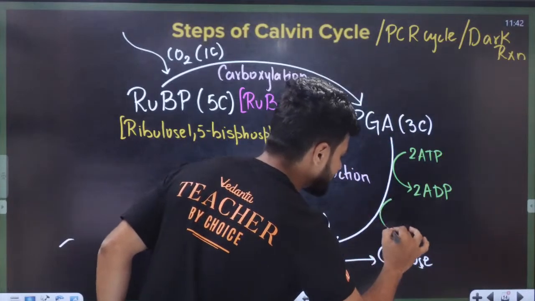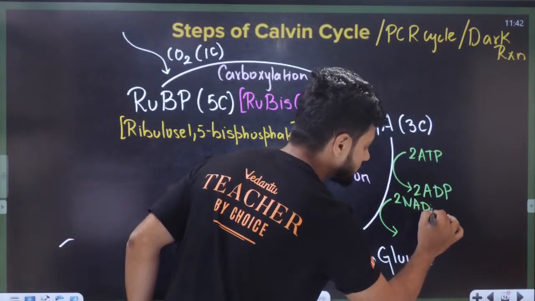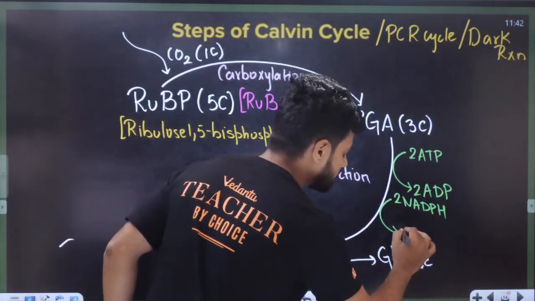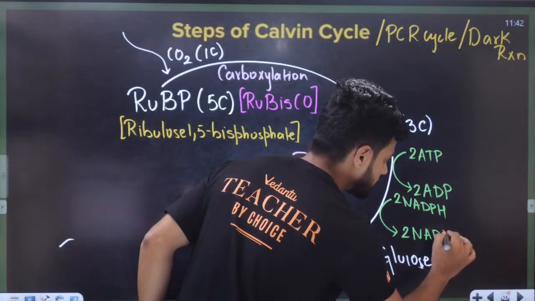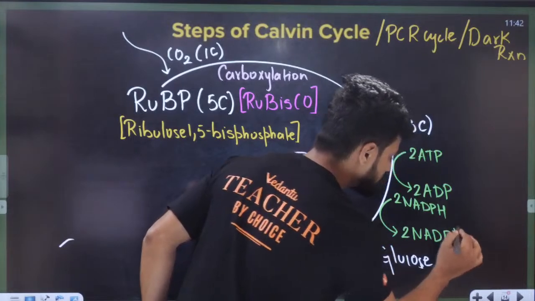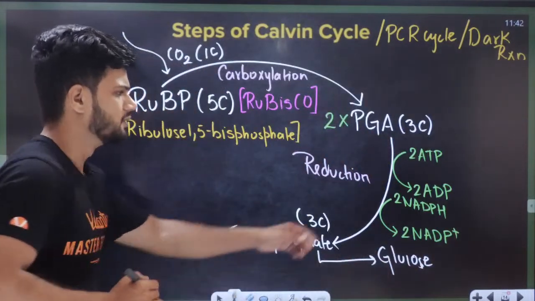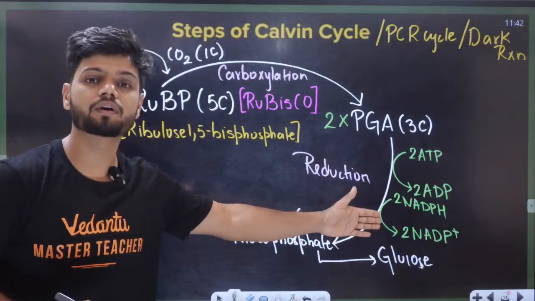At the same time 2 NADPH is getting converted to 2 NADP plus. This 2 ATP is mainly because of phosphorylation, and this 2 NADPH is mainly because of reduction of carbon.